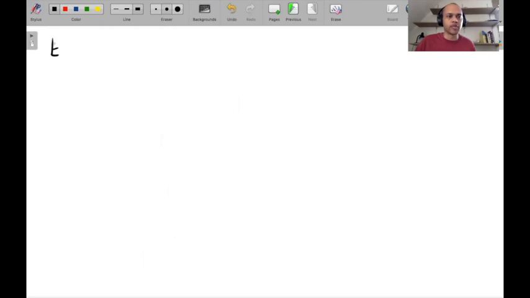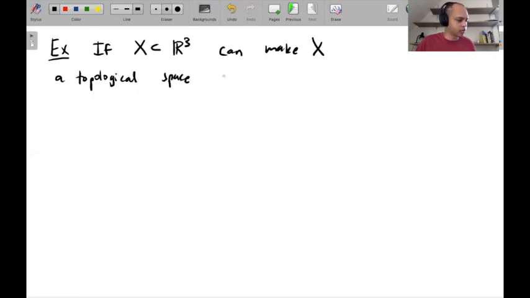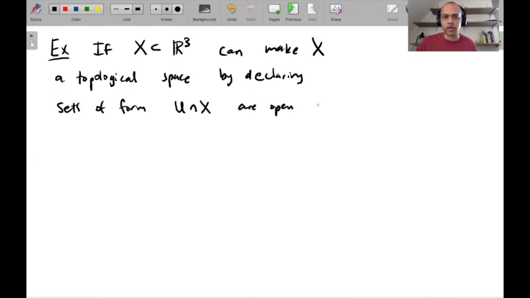So example: if X is a subspace of, let's just say, R3, we can make X into a topological space by declaring that sets of the form U intersect X are open when U is an open subset of R3.